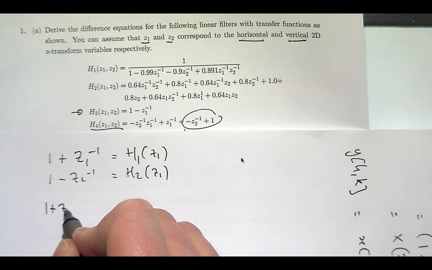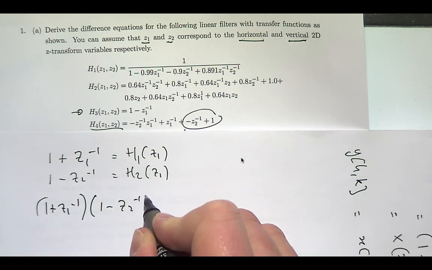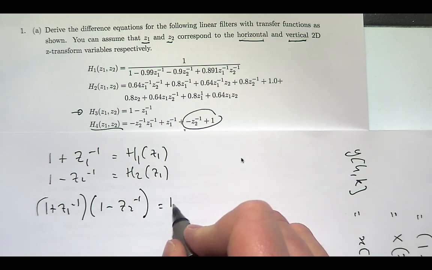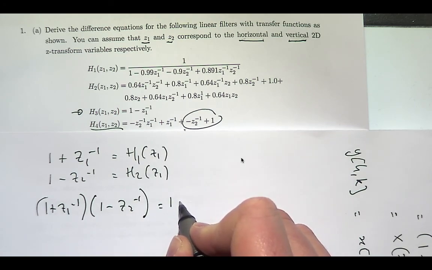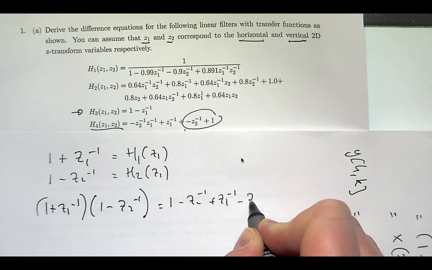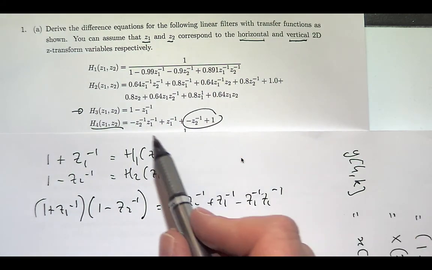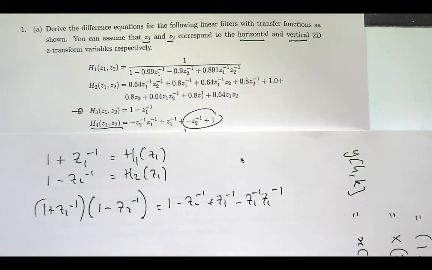All right, so you try that, and you realize that indeed, 1 plus Z1 minus 1 times 1 minus Z2 minus 1 is 1 minus Z2 minus 1 plus Z1 minus 1 minus Z1 minus 1 Z2 minus 1, which I think is correct indeed.